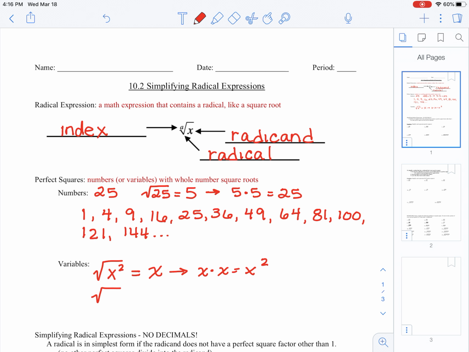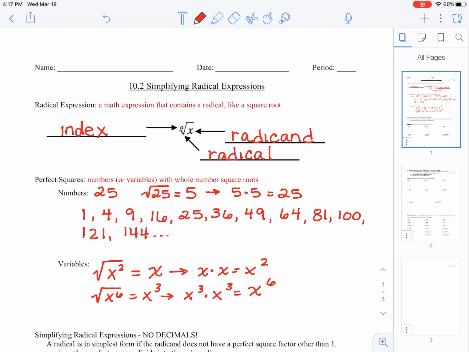The square root of something like x to the 6th power is x to the 3rd power. That's because x to the 3rd times x to the 3rd, if you remember from a previous chapter, when you multiply letters, you add their exponents. So x to the 3rd times x to the 3rd gives us x to the 6th power.